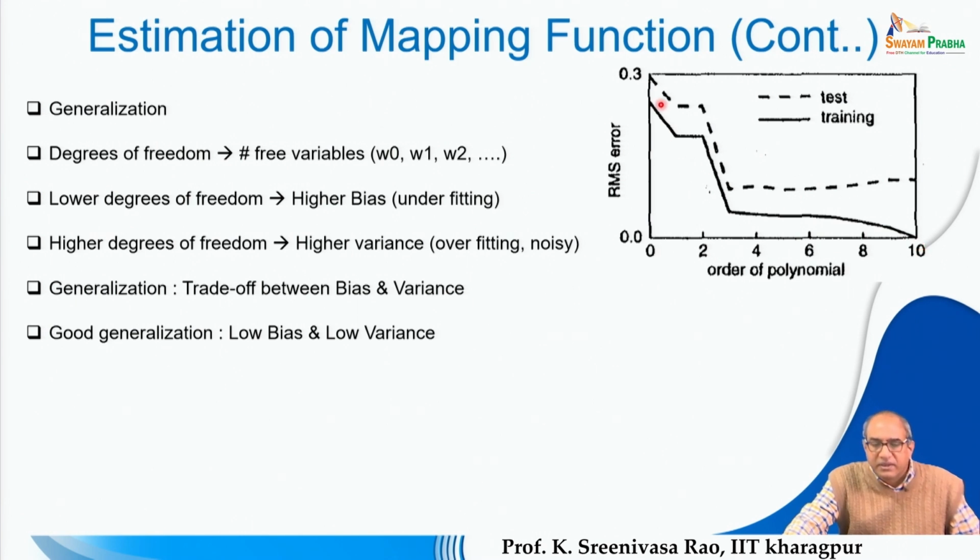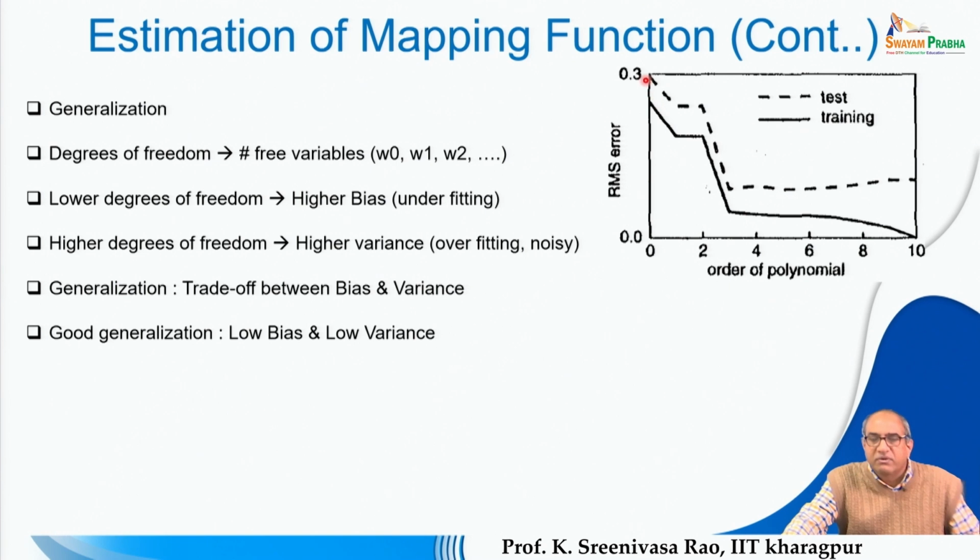But in the same plot we have a dotted line. This dotted line indicates the error with respect to the test data. Training data means that using this training data we model the system, or predict the underlying function, and after that we have to test the estimated function to see how accurately it predicts for unseen data.